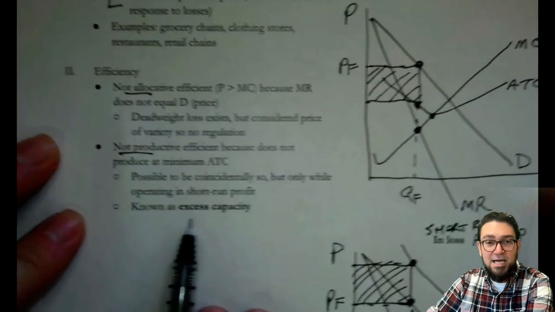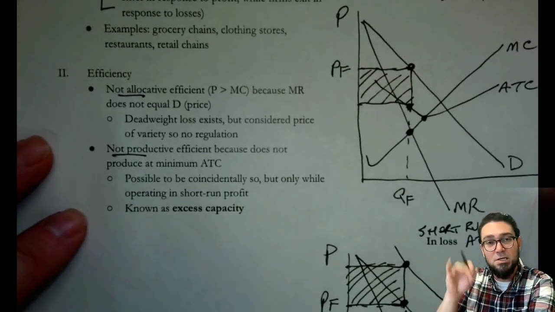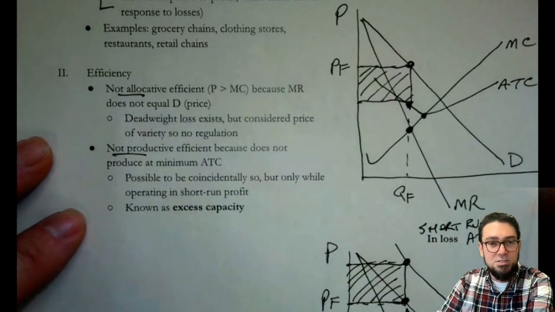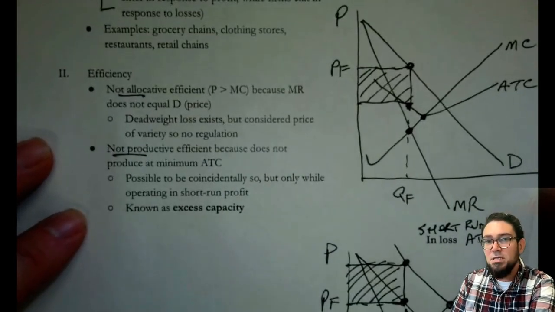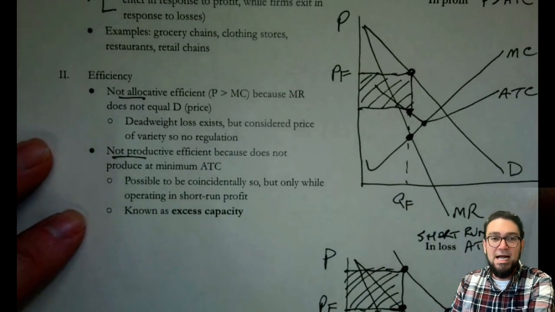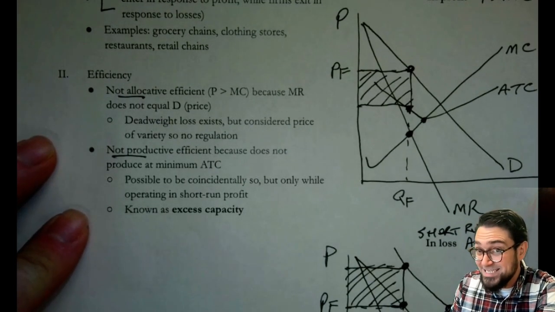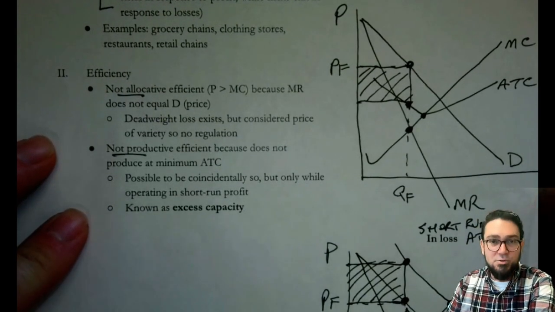And a way to think about what that is that they have excess capacity, right? They could produce more units at a lower average cost, but they're going to choose not to. And actually, if you go to retail stores like Target or a restaurant or a grocery store, you'll notice that if you start to pick up on it, how many checkout lanes do they have? What's their capacity, right? Versus what are they using at any given time?